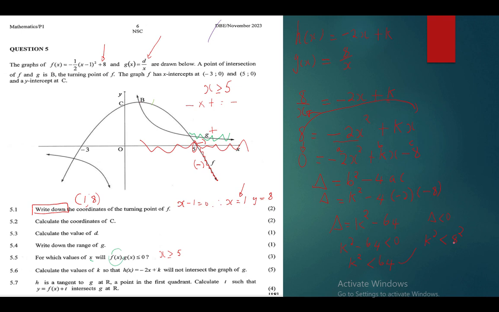It means that k is less than 8. See that your exponents are the same. So when k is less than 8, the two functions will not intersect. At any value whereby k is less than 8, the two functions will not intersect.